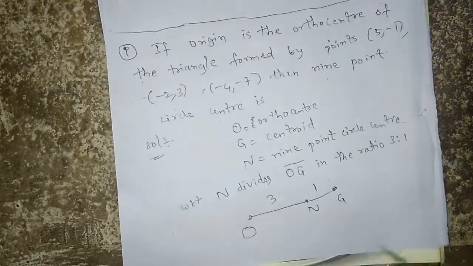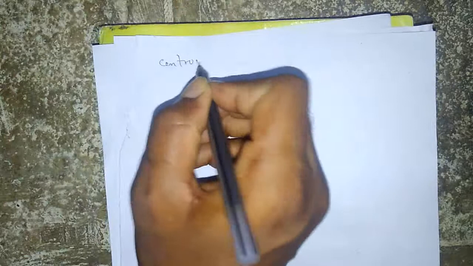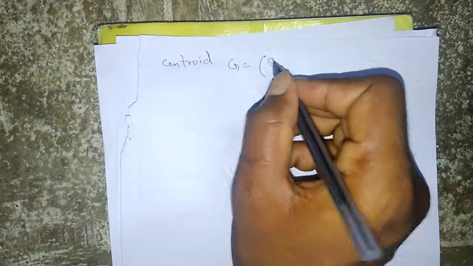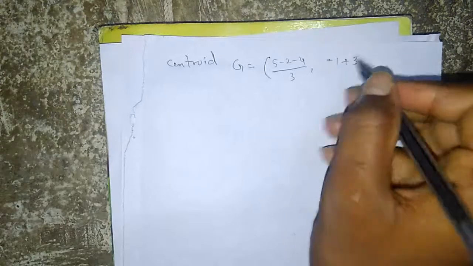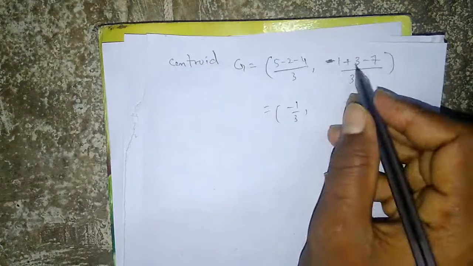We already have the orthocenter. Let us find the centroid of the triangle. Here centroid G is equal to 5 minus 2 minus 4 by 3, minus 1 plus 3 minus 7 by 3. This is 5 minus 6, minus 1 by 3, 3 minus 8, minus 5 by 3.